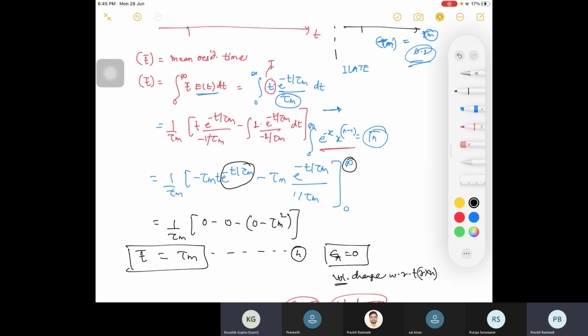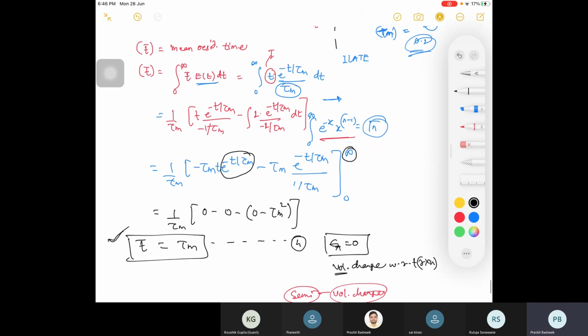I'm considering here. Okay, sir. Anything multiplied by 0 is considered as 0 here. Then you will be having tau m, and here it is okay. You will get this tau m.